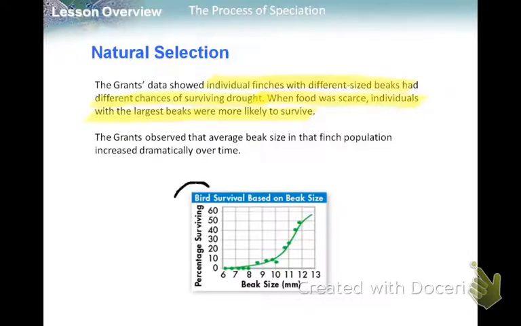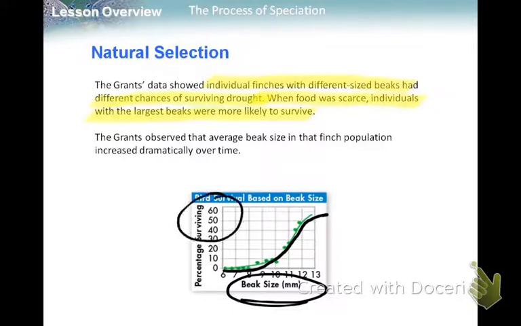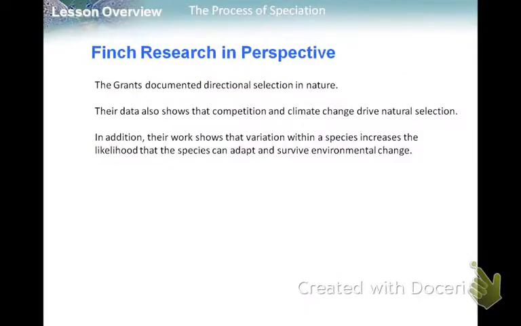What we see down here on the y-axis is percentage surviving, and beak size is on the x-axis. As you see an increase in beak size, you also see an increase in survivability of those finches. So what the Grants saw is that average beak size in that particular population increased dramatically over time.